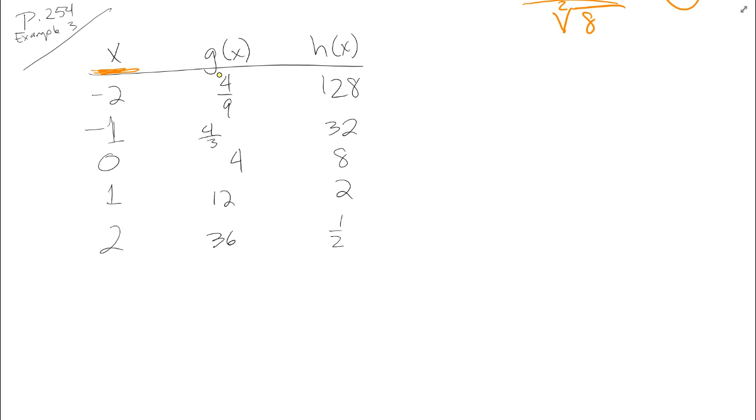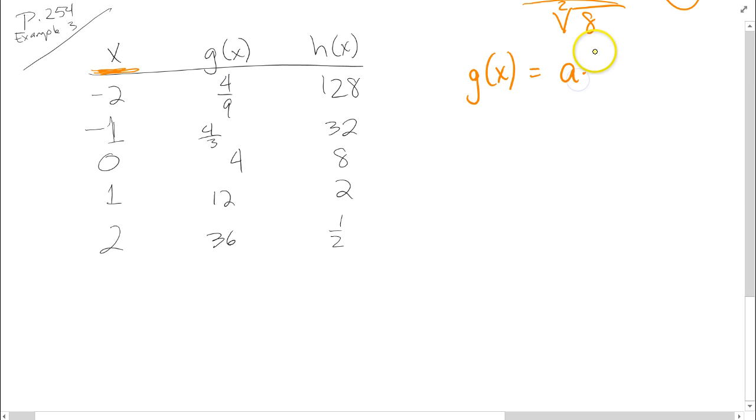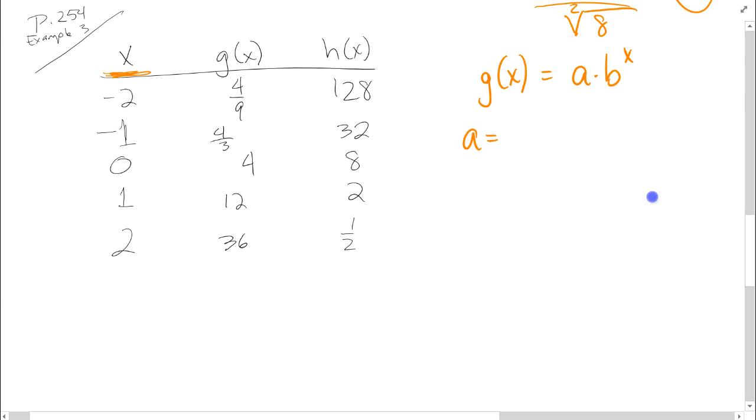So I know that these are exponential functions, and so for g of x, I'm looking for things to fill in here. How do I find the a? How do I find the b? Start with the a. a happens when x is 0. So over here, here's my table of x values. Here's my line for x equal to 0.